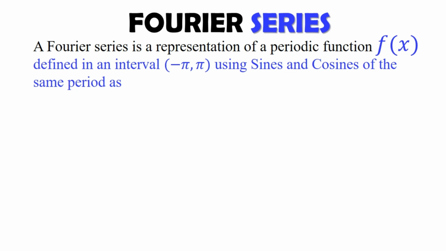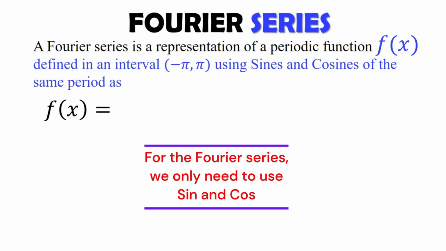What I am trying to say is that, let's say for instance, we know a function f of x. Don't forget the condition that f of x is periodic and it is defined in a particular interval. Here we're dealing with minus pi to pi. So we are looking for an expression to represent the periodic function using only sine and cosine.